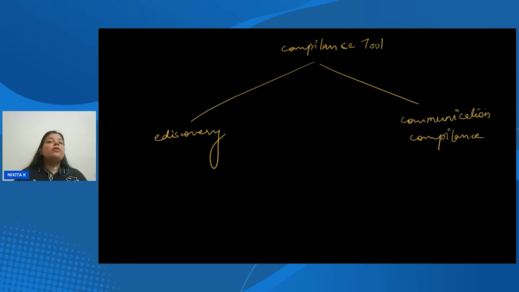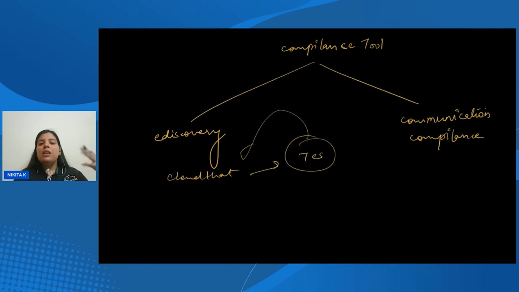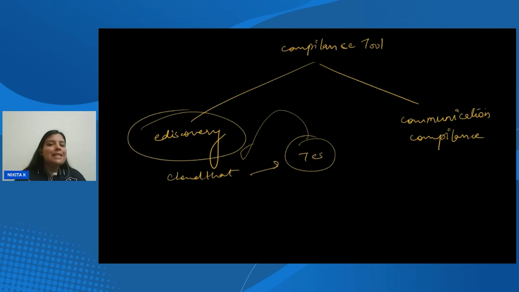Let's say any of your contractors, let's say I'm working at Cloud, and one of the vendors is TCS. Now, one of the employees of TCS complains that this particular person is harassing me or my data is not protected. What we can do is go with e-discovery. Now, what will happen in e-discovery? You all know how court cases run.